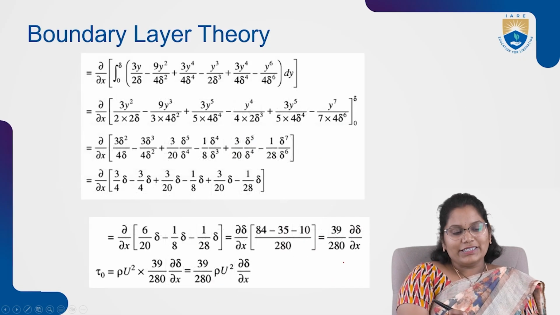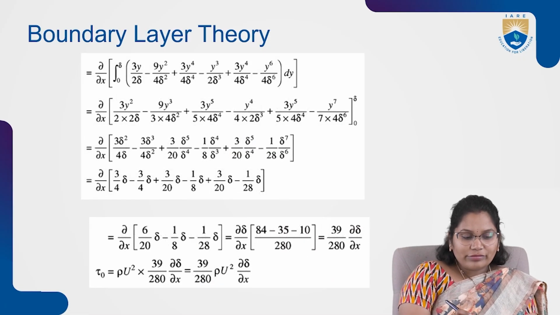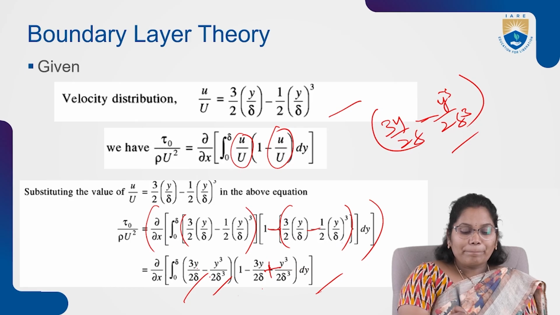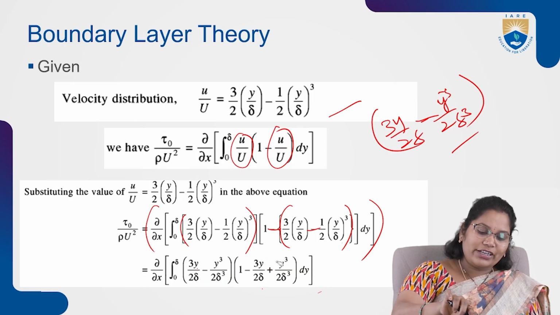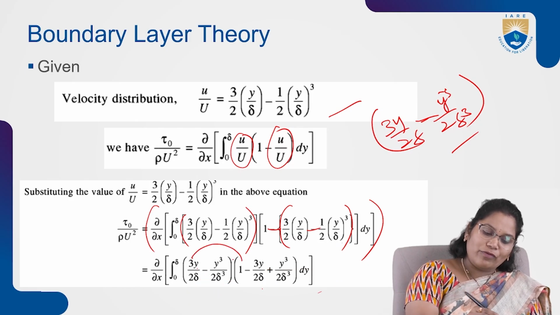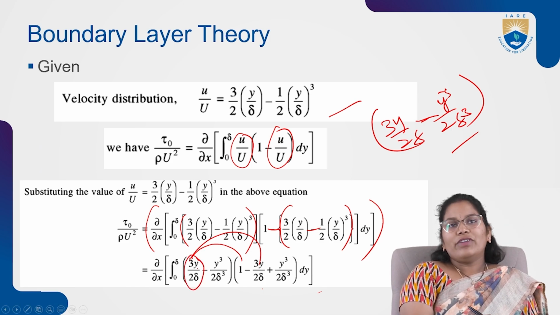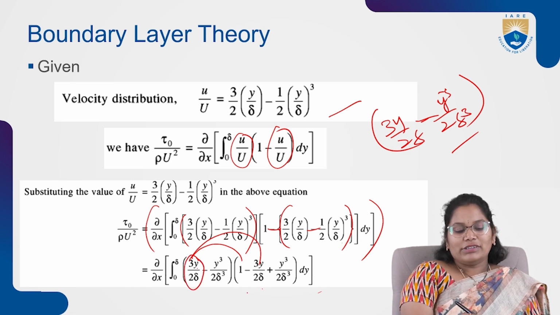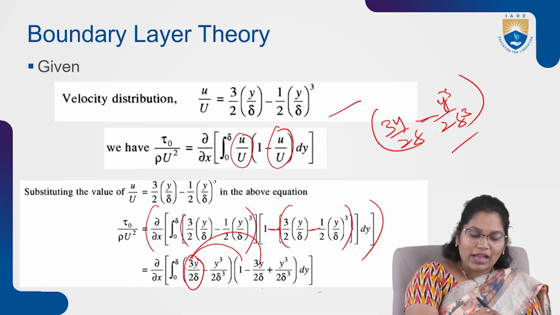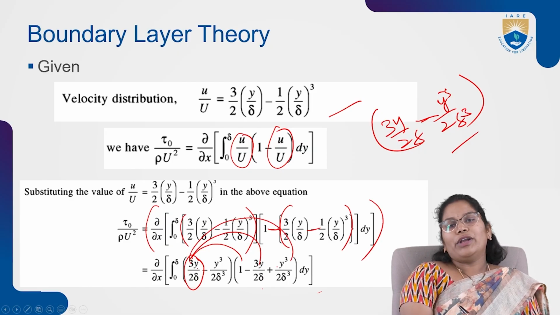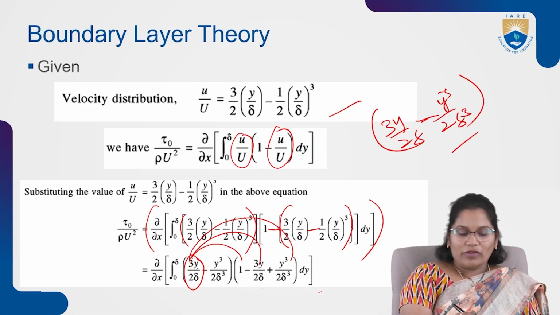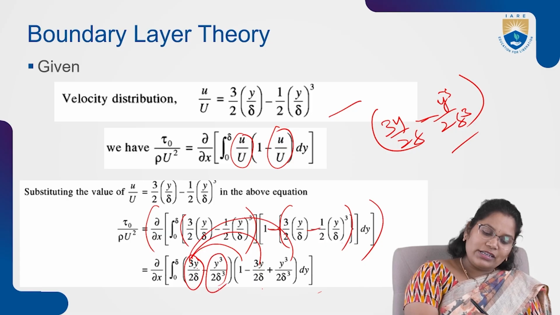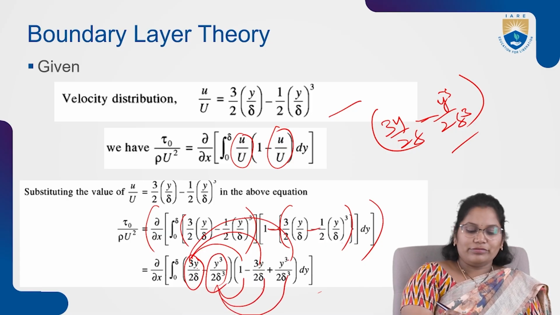Yes, after getting this, we are multiplying each and every term, as done for the previous one. First we take 3y by 2 delta and multiply with 1, and next 3y by 2 delta, and next y cube by 2 delta cube. After that, again the next term is multiplied with 1, and the second and third terms.